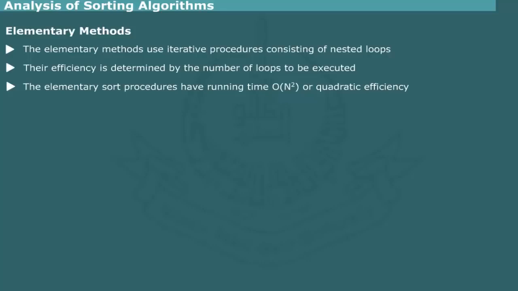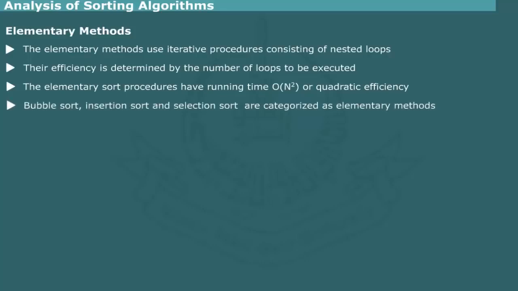They are not efficient because the running time increases quadratically with the increase in the number of items to be sorted. As we shall explore later, the bubble sort, insertion sort, and selection sort have time efficiency O(n²) and are characterized as elementary sort methods.